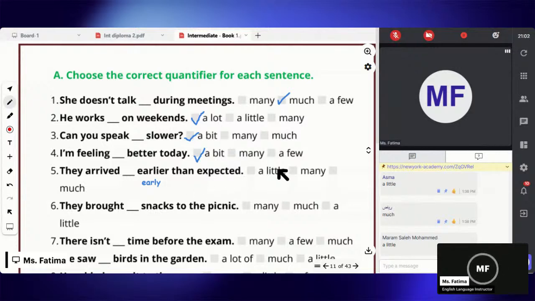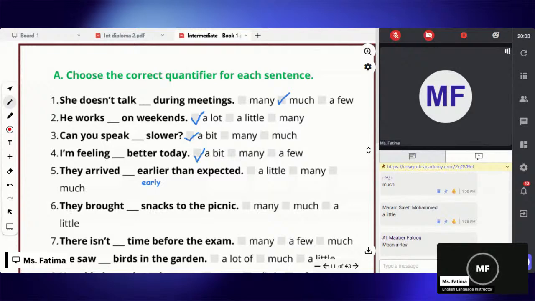A little here is not wrong, but in comparison, when we give expectations we don't talk about little differences, we talk about much differences. In expectations, yes, earlier more than expected. You see, when we talk about more than expected, that is than expected.